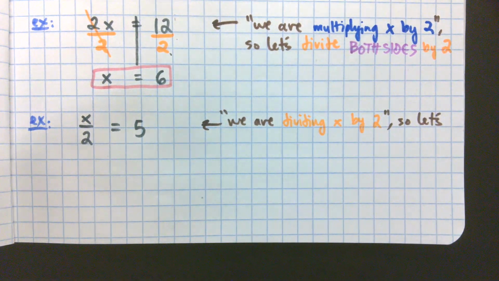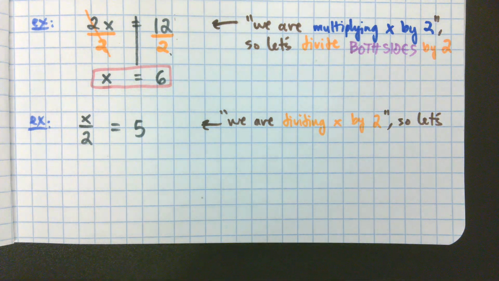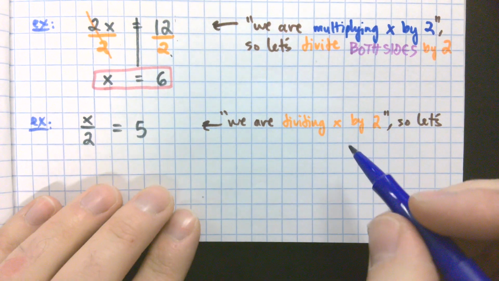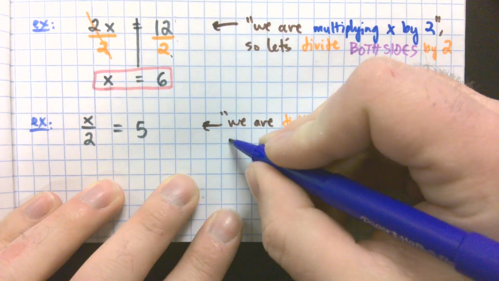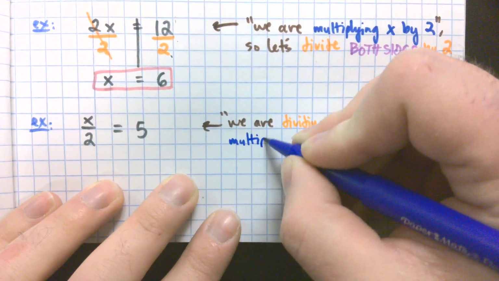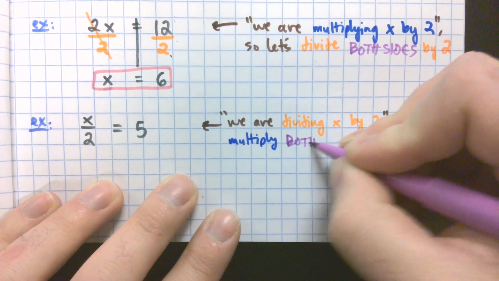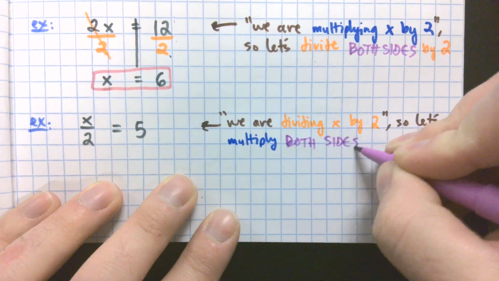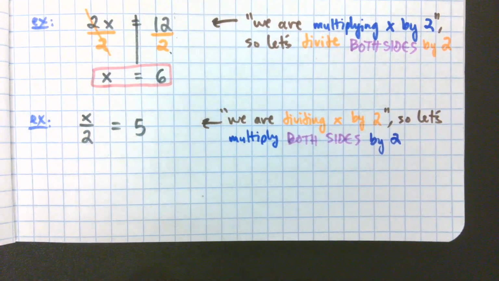What would the opposite of dividing by 2 be? Multiplying by 2. So because we're dividing x by 2, let's multiply both sides by 2.